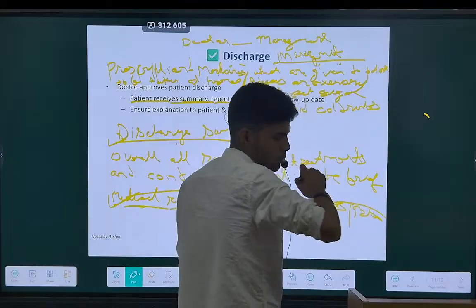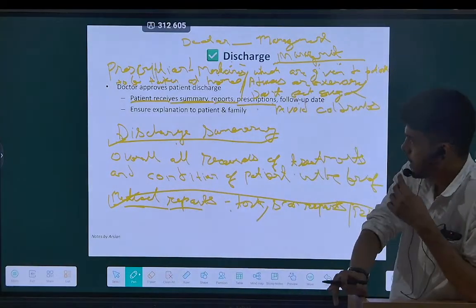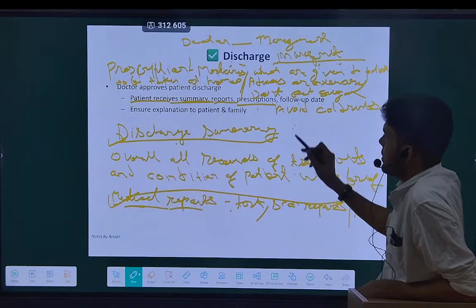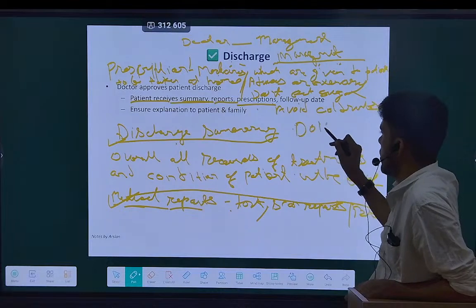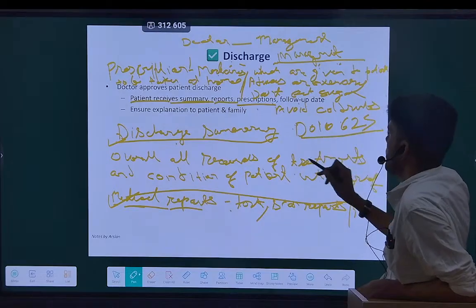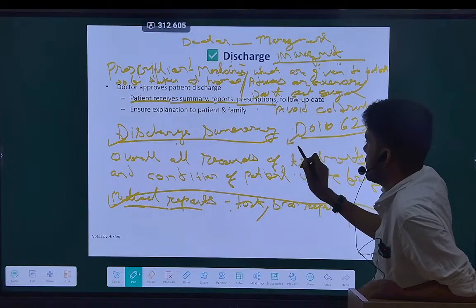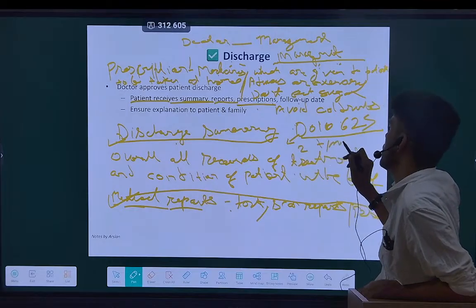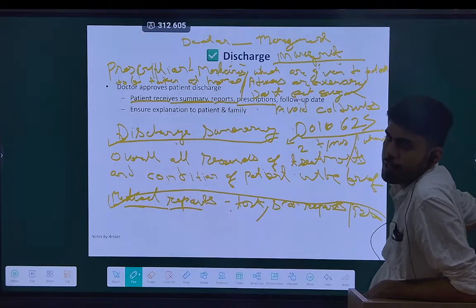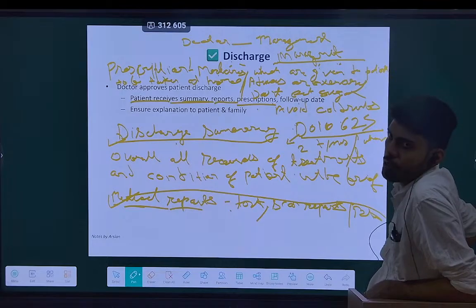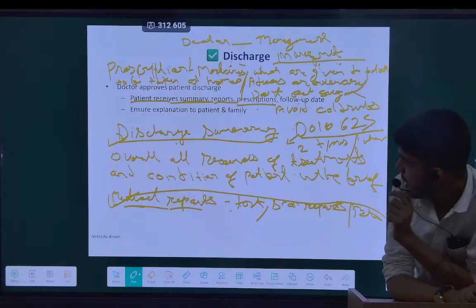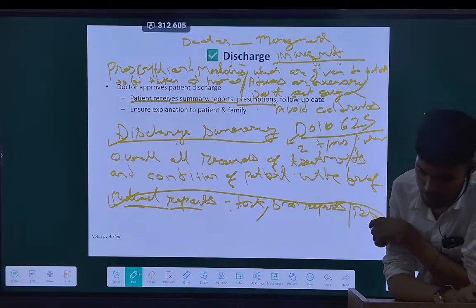These things are also written in the prescription. Whatever medicine, what time it should be taken. Suppose Dolo 625 is a medicine which the doctor has given. In the prescription it is also written: 2 times a day, or whenever fever comes. So all the things which are important after the patient goes home to take care of himself are written in the prescriptions.